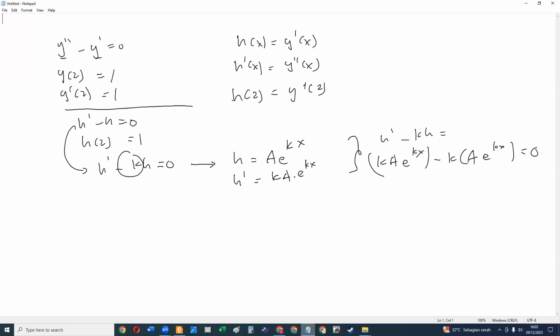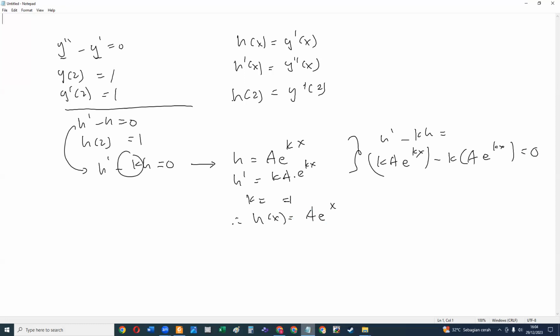By the way, k in this case is 1, since the negative of k is negative of 1 here. So h of x is a e to the power of x.